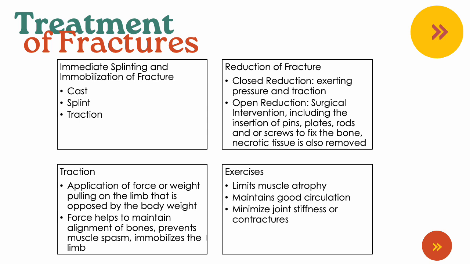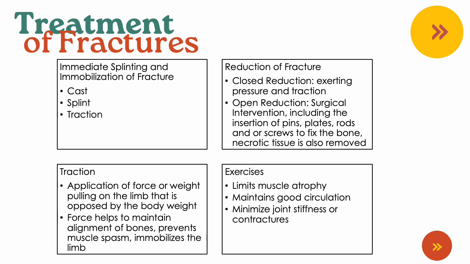Or they may do an open reduction, which is an invasive surgical intervention, and this is where you hear people getting plates, rods, screws, and pins in the bone. Closed reductions don't use pins, screws, and needles, whereas the open reduction is an invasive surgical procedure, and they will insert devices to help stabilize that bone.